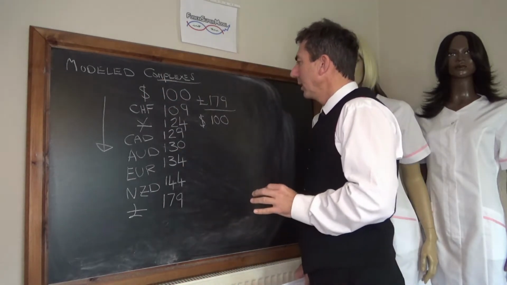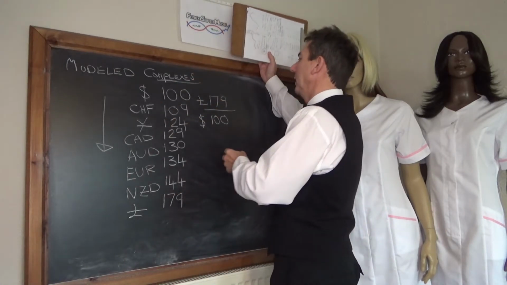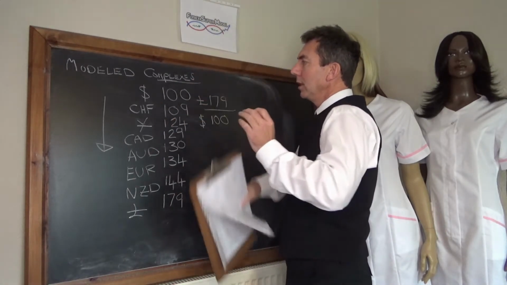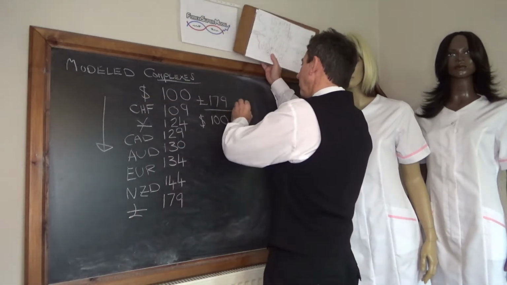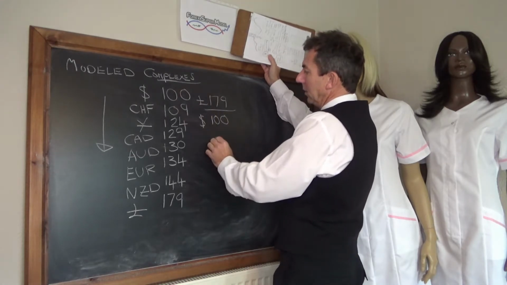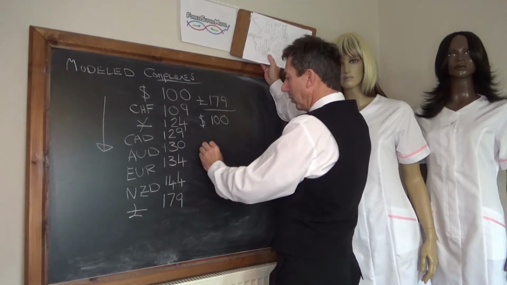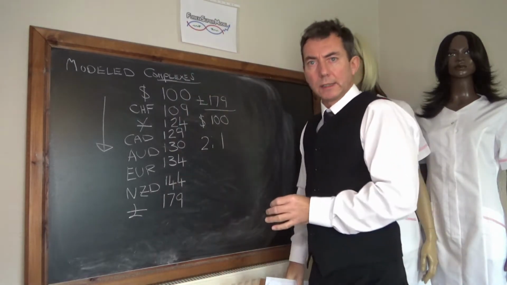So that gives you an idea. In even numbers, the least volatile to the most volatile is a ratio of roughly 2 to 1. So the pound is roughly 2 times more volatile than the dollar complex.